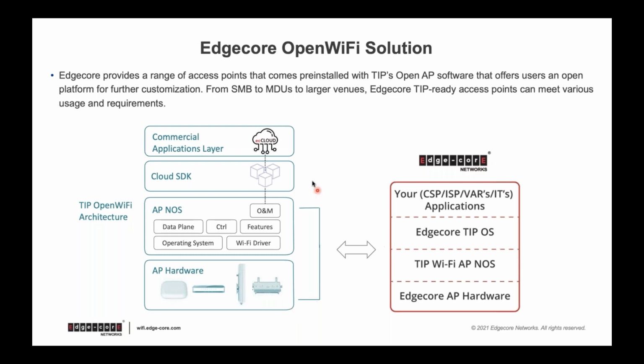And now with the integration of Edgecore Cloud Controller and the TIP OpenWiFi Cloud SDK, Edgecore can also provide the management system that can manage all TIP OpenWiFi devices. Briefly speaking, now all TIP OpenWiFi devices can be managed by ecCLOUD, Edgecore Cloud Controller, and can benefit from existing ecCLOUD features.